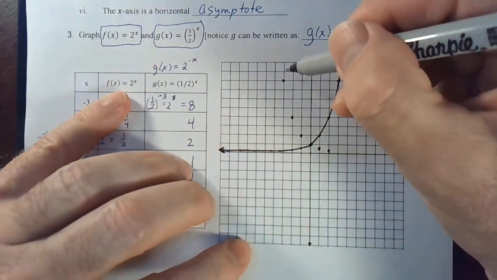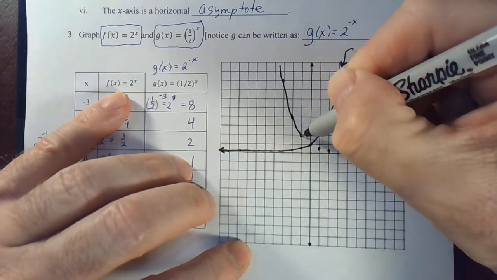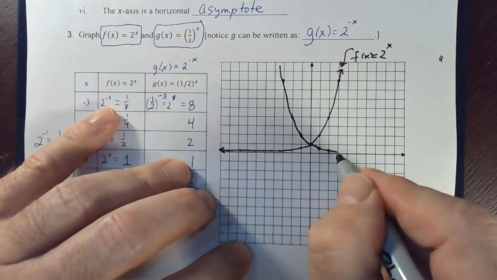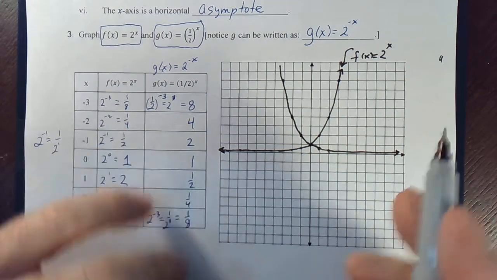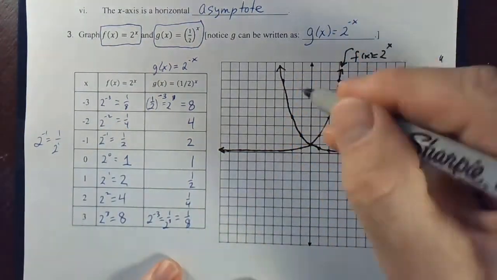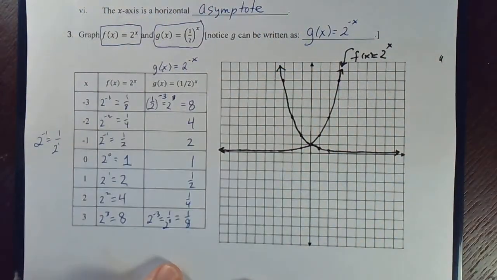So let me draw this. And we shouldn't be too surprised that these are symmetric about the y-axis. They're mirror images. If you flip one over, you get the other one.